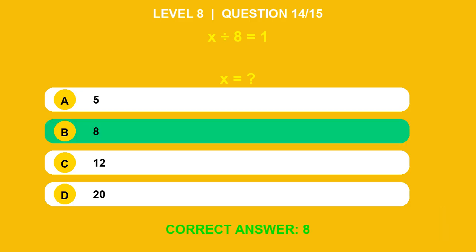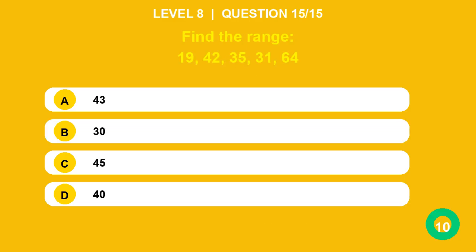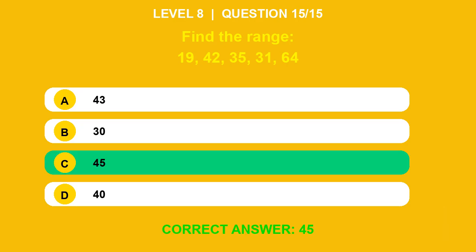Answer is 8. Find the range. 19, 42, 35, 31, 64. Answer is 45.